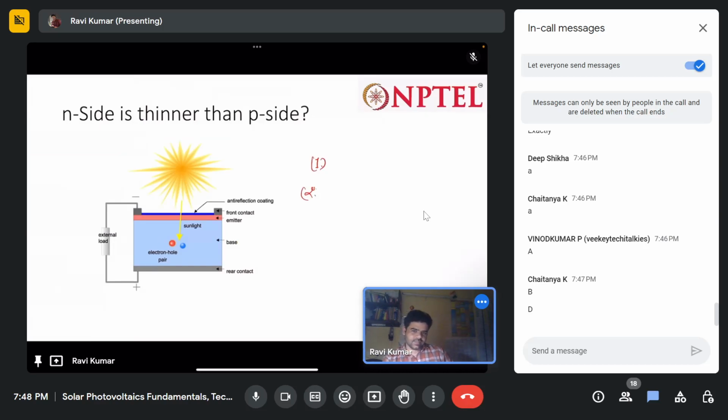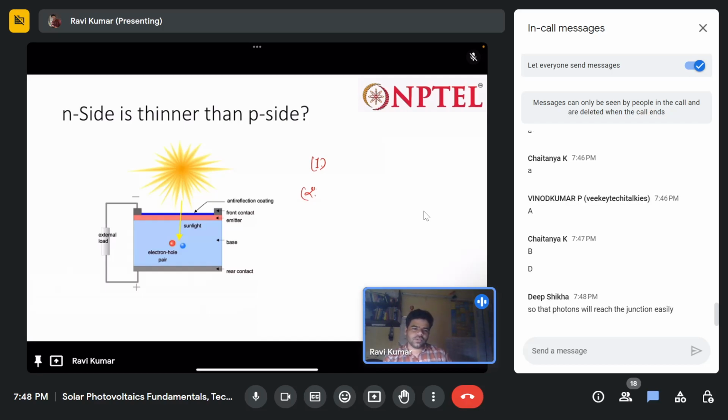Just guess based on this figure. What might be the possible, so that photons will receive the junction easily? Yes, photons as well as electron need to go to the collector.